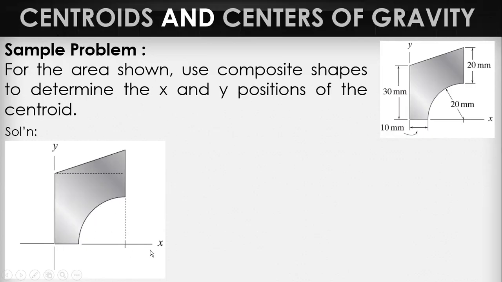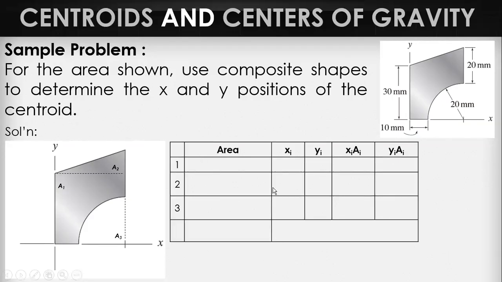So, element 1 na to is this square, no? The dimension is 30 by 30, 10 plus 20. So, it's a square plus this one, triangle, and minus quarter of a circle.